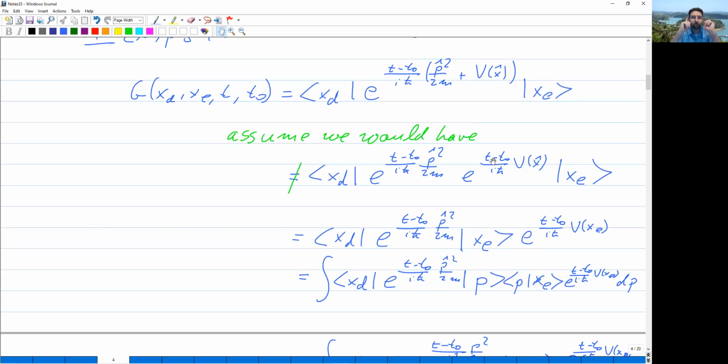But, and this was a crucial observation of Dirac that Feynman picked up on. Dirac realized that if that time interval is tiny, for example, these tiny time intervals that arise when you subdivide the total time interval into n smaller ones in order to get the path integral.